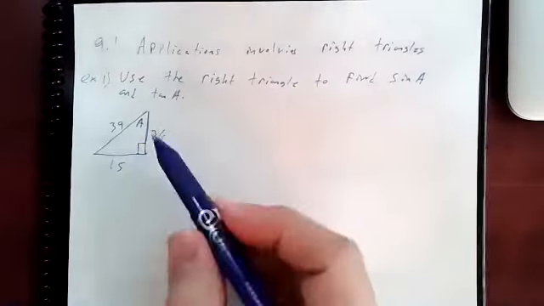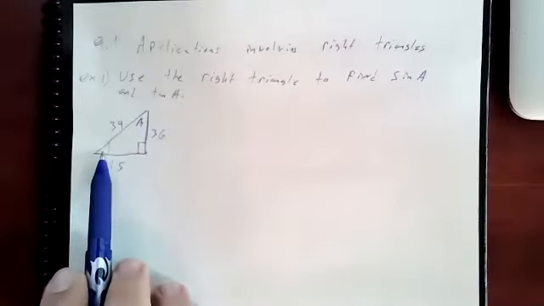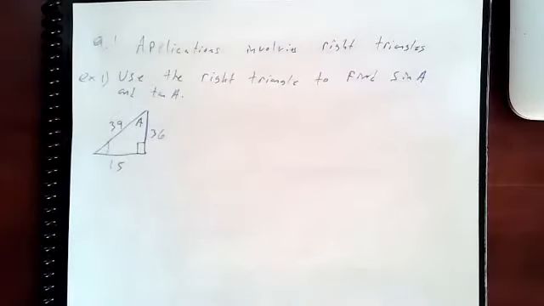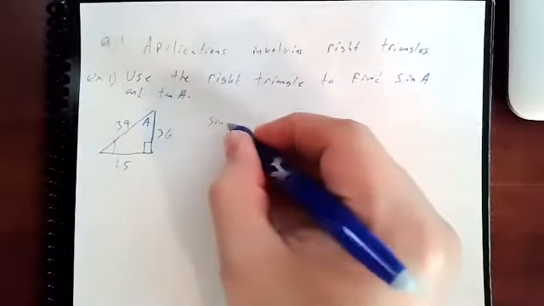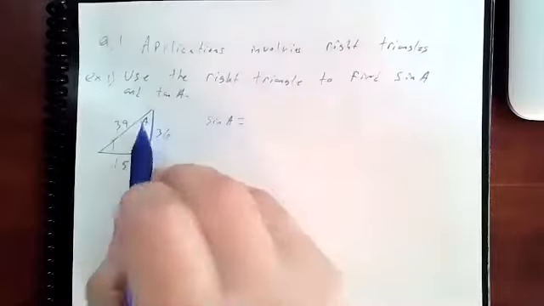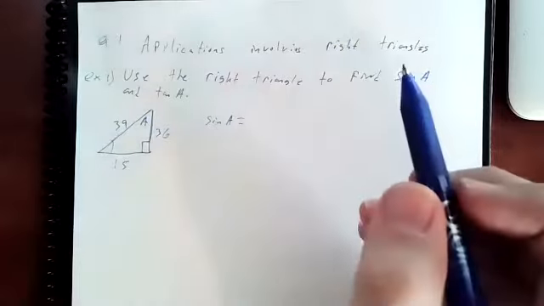So A is no longer where usually we put it over here, on the left. But now we just need to think of sine in terms of its definition. So it refers to any angle that we're talking about. So sine A would be opposite to that angle over the hypotenuse.